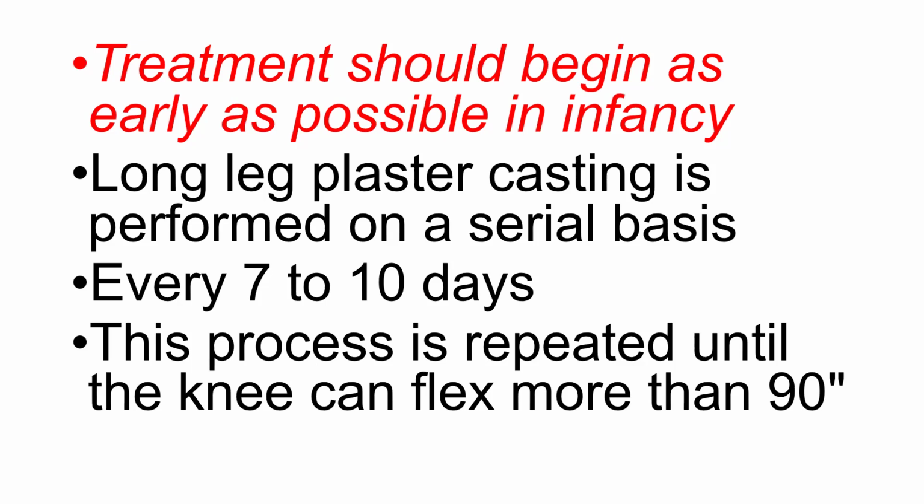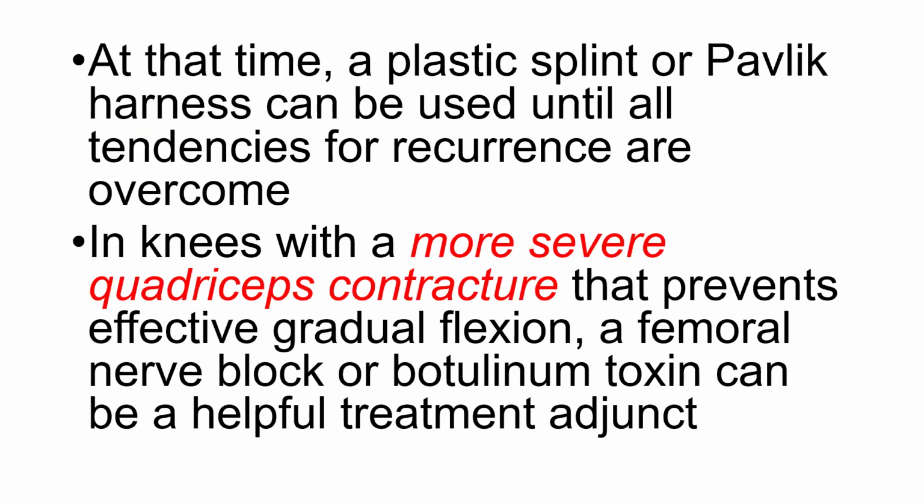At that time, a plastic splint or Pavlik harness can be used until all tendencies for recurrence are overcome. In knees with a more severe quadriceps contracture that prevents effective gradual flexion, a femoral nerve block or Botox injection can be helpful. It relaxes the muscle.